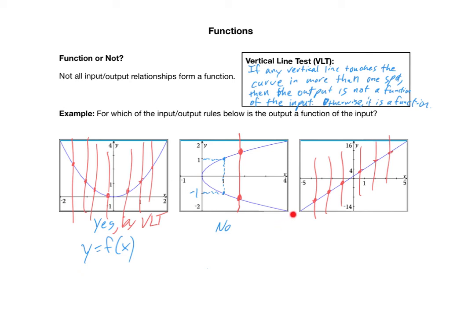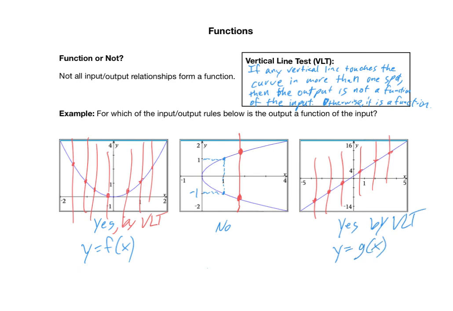And if this curve continues in the same way, we've got this straight line here, are there going to be any vertical lines that are going to hit the curve in more than one spot? The answer is no. So that means y is a function of x here. So yes, y is a function of x by the VLT, or the vertical line test. And we can then, of course, use the notation. So y is equal to, let's say, g of x.